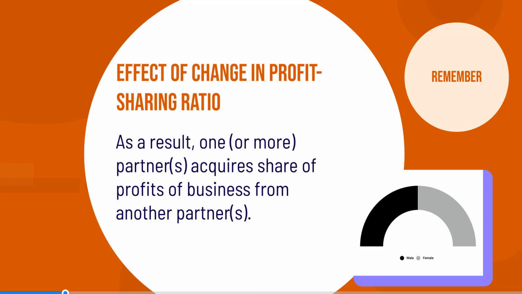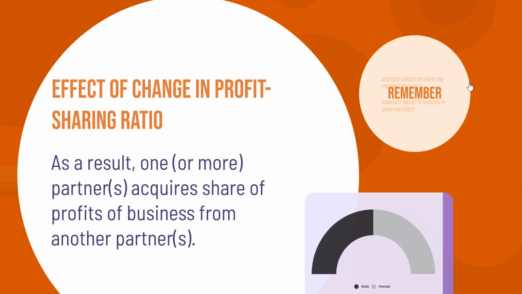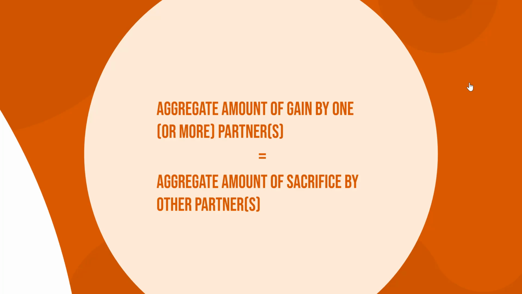So one or more partner will gain and another partner or partners will sacrifice. But always remember that the aggregate amount of gain by one or more partner or partners will always be equal to the aggregate amount of sacrifice by another partner or partners.